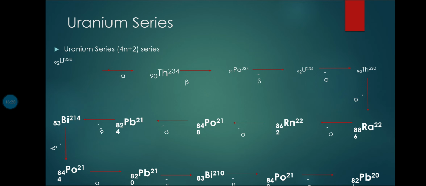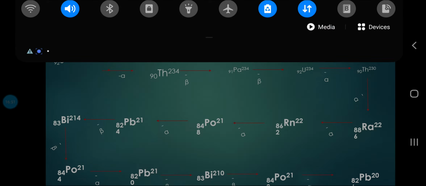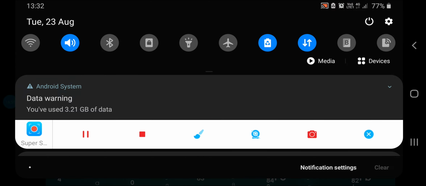Like this it goes on, and the end of the uranium series is the stable isotope of lead. So this is the first radioactive series that we have discussed. We'll continue with another video.